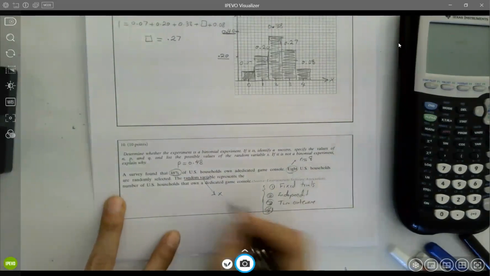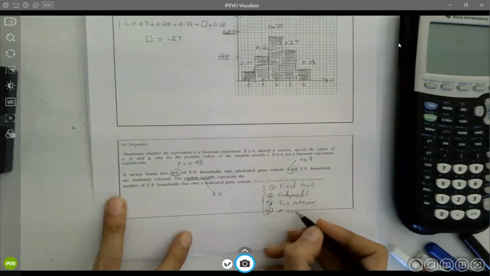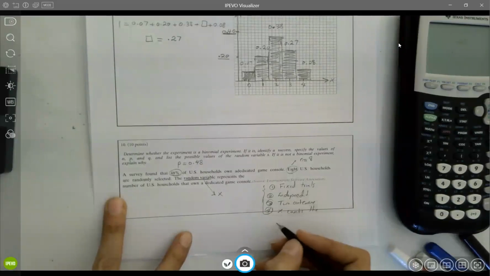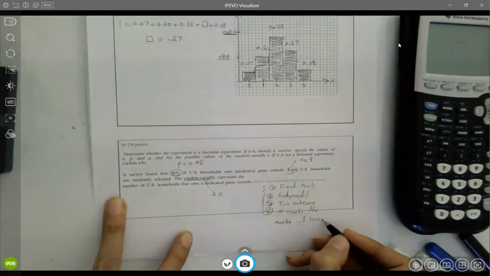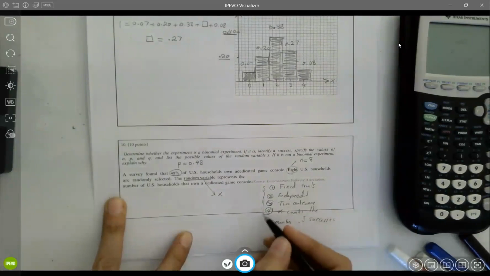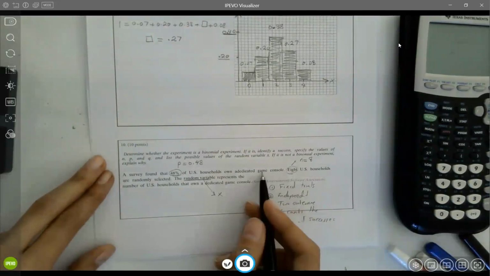They either own it or they don't own it. And finally, 4, x counts the number of successes. Since these 4 conditions are met, we say that we have a binomial experiment.